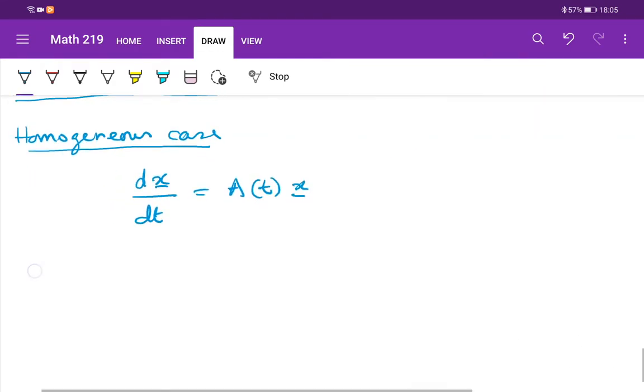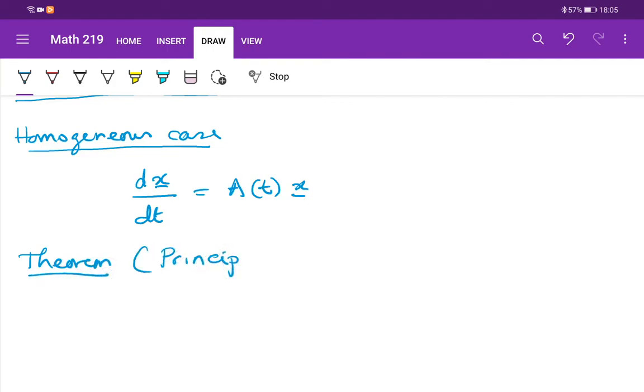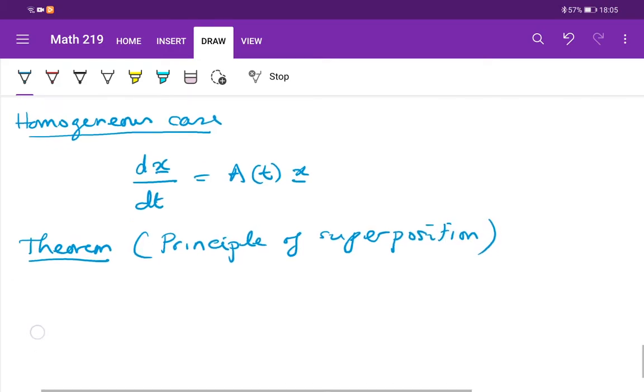And the basic result regarding these is the following. It's the superposition principle, the principle of superposition. And it states the following.